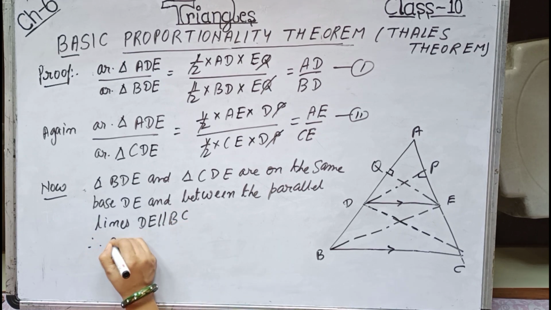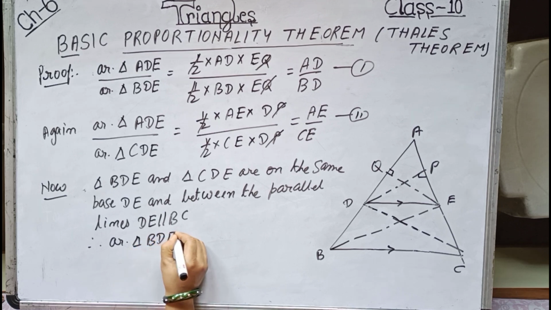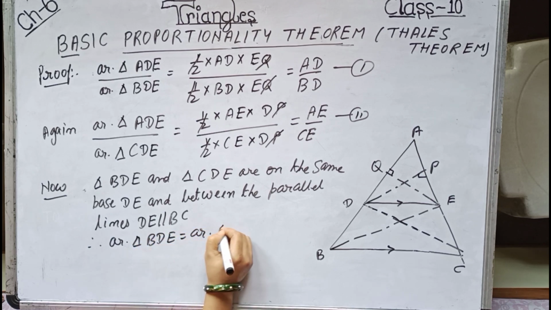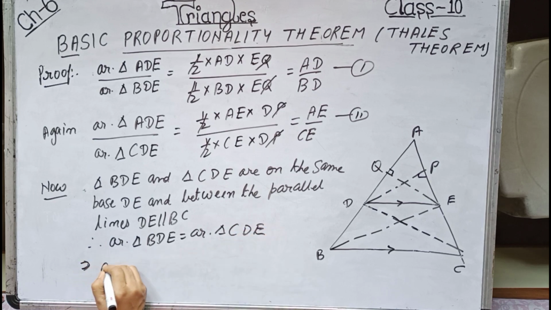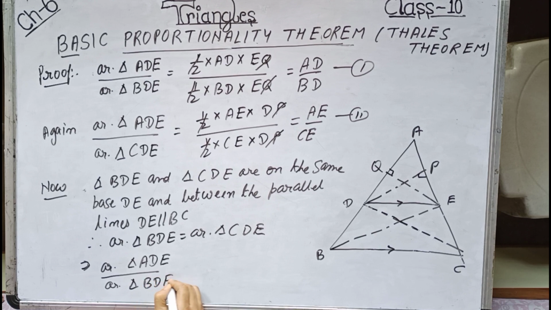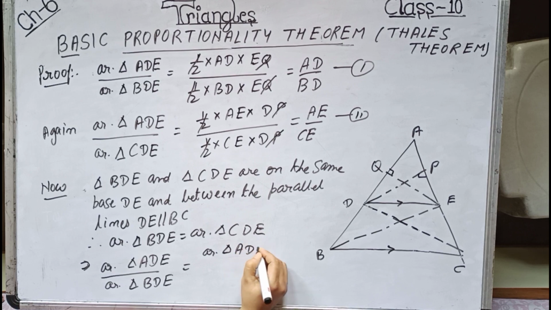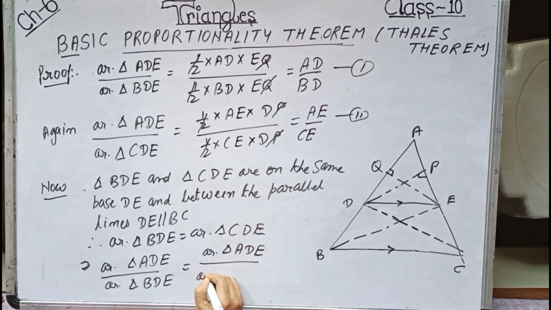Therefore, area of triangle BDE equals area of triangle CDE, which implies area of triangle ADE by area of triangle BDE equals area of triangle ADE by area of triangle CDE. Let us make it number 3.